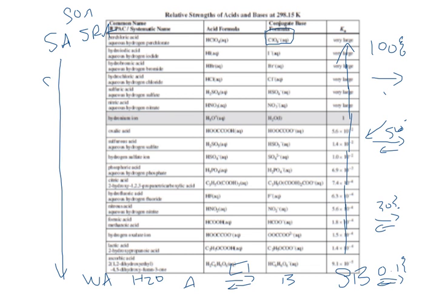And the reason why is that this guy right here does not want to get a proton back. This guy wanted to give its proton away, probably gave it away to water. So it gave it away to water. It formed this guy plus H3O plus. Well, this H3O plus is not giving its proton back to this guy to go back the other way. So these guys right here do not want protons.